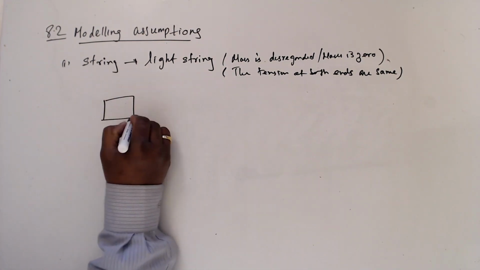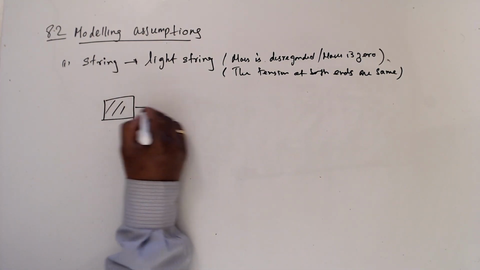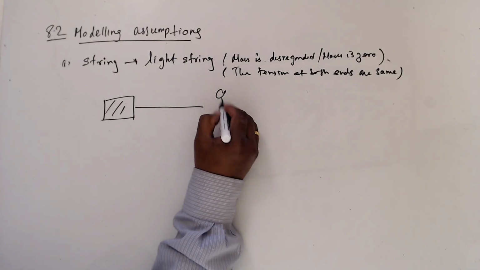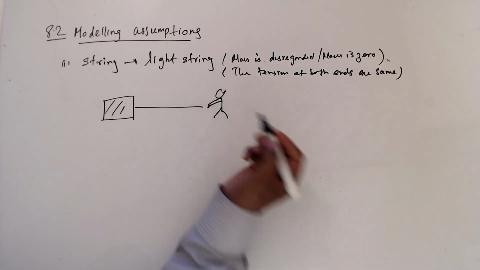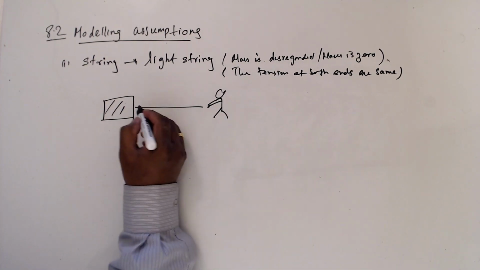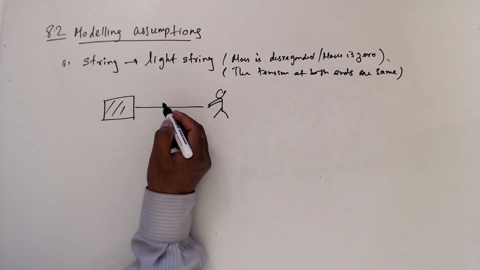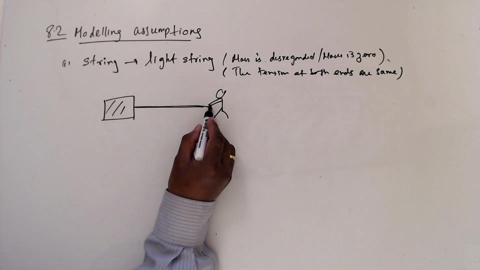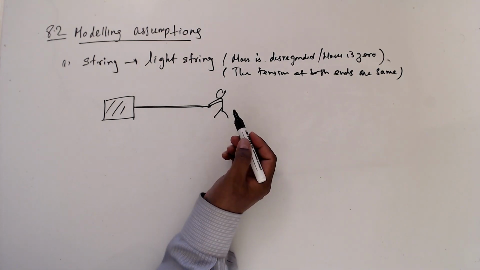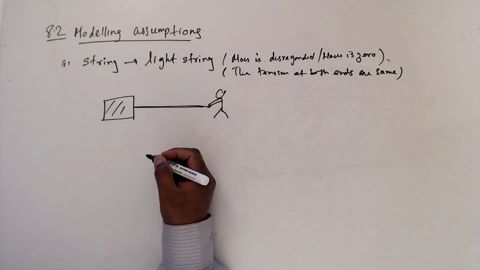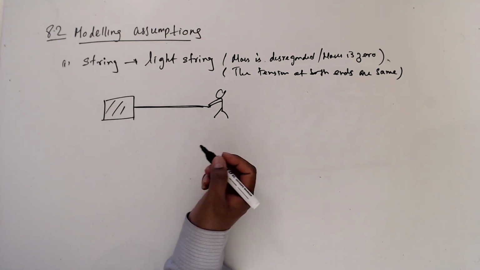When you pull a mass with a string, we regard the string as a light string. It means the mass is zero, and the tension at both ends is the same.